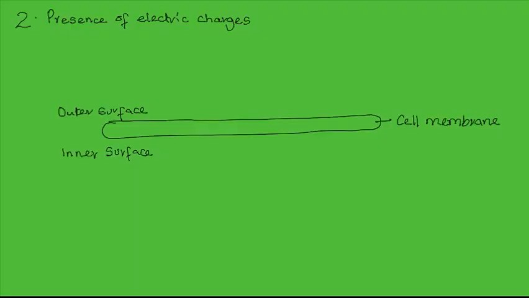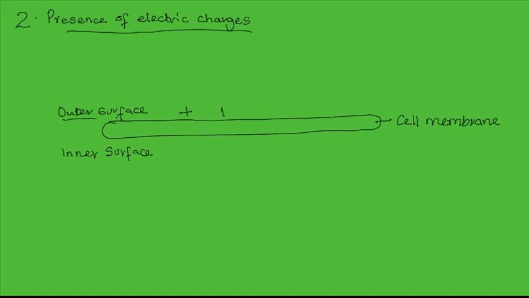The second property of the cell membrane that influences the movement of substances in and out of the cell is the presence of electric charges. An electric charge can be positive or negative. In most cells, the outer membrane surface has a positive charge.